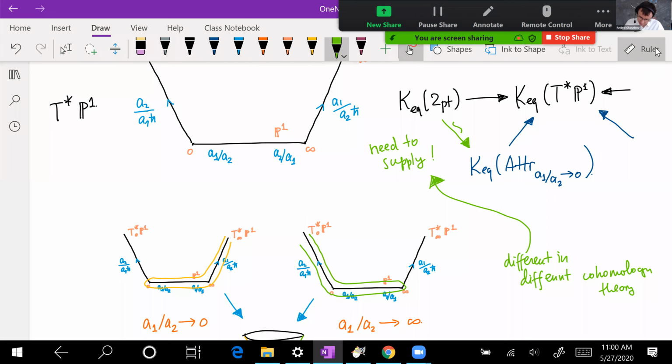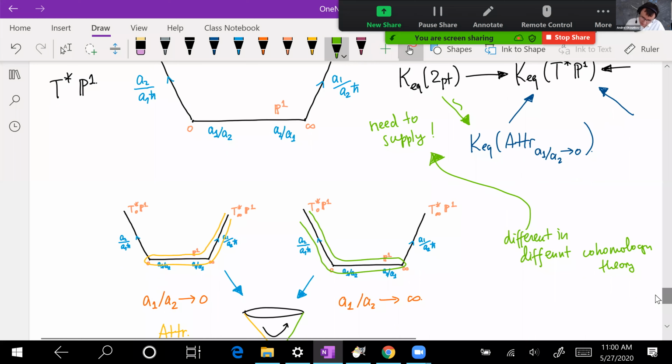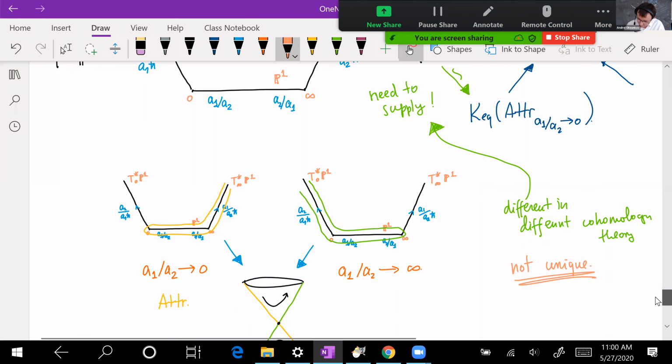And in particular, in fact, it's not unique. This non-uniqueness will account for the fact that the elliptic quantum group has all these extra parameters, all these dynamical parameters. So this is not a unique map.